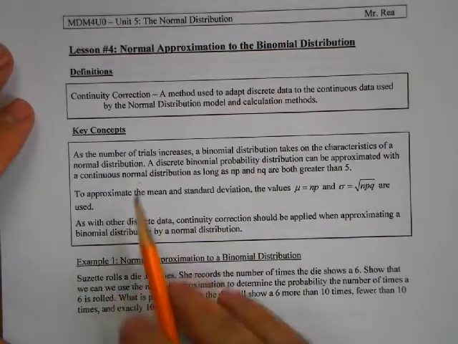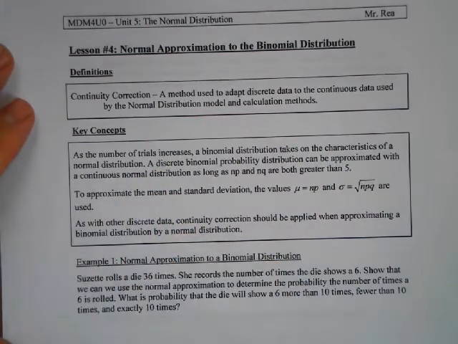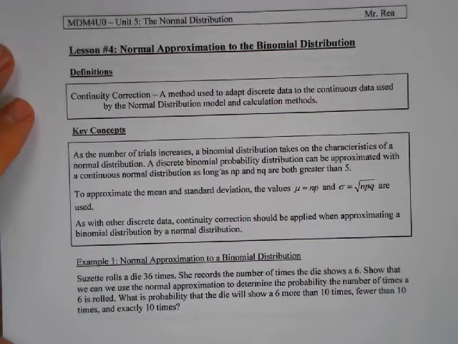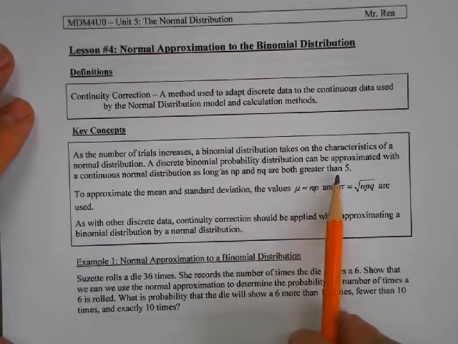So the key concepts here: as the number of trials increases, basically that's your value of n, a binomial distribution takes on the characteristics of a normal distribution. A discrete binomial probability distribution, remember binomial distributions are always discrete, can be approximated with a continuous normal distribution as long as np and nq are both greater than 5.